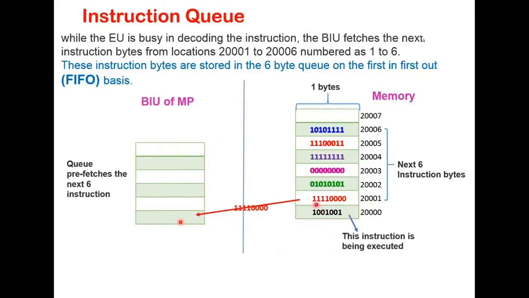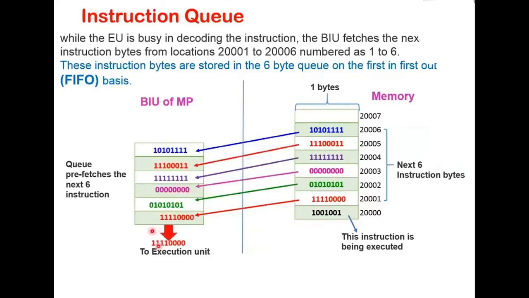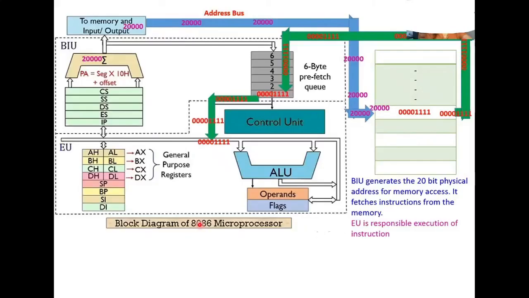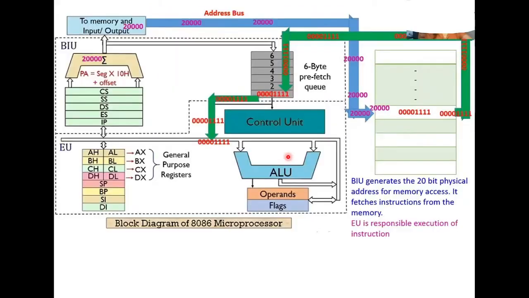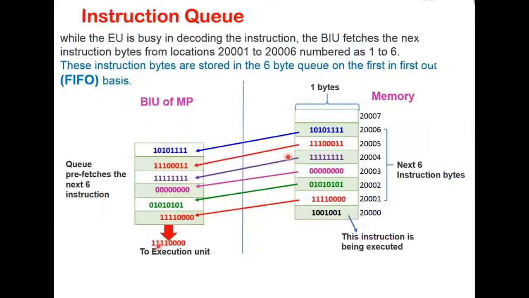Now first data has been fetched and it is waiting here. Similarly, all the 6 datas we fetched from the external memory, and all these 6 datas are waiting in the instruction queue, right? So this is nothing but the instruction queue, okay.